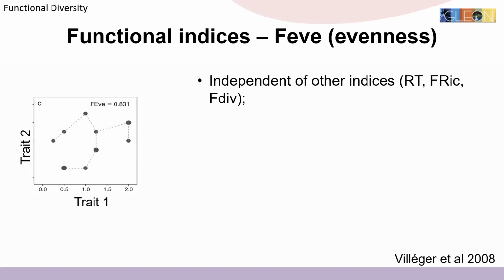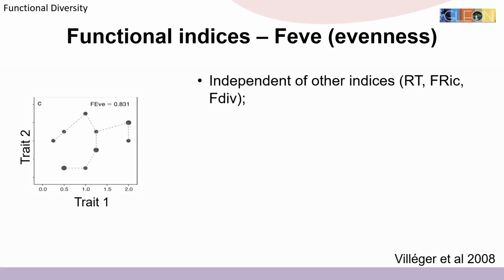When we have low functional evenness, it means that we don't have a good distribution of abundance and traits in our community. It means that maybe we have some species that are more abundant, that have some traits that are more dominant in that community.